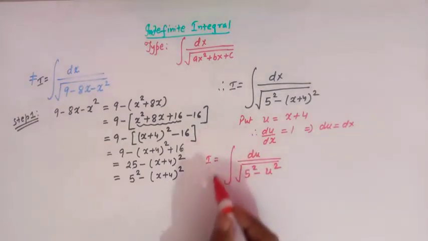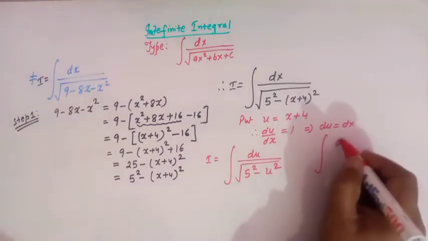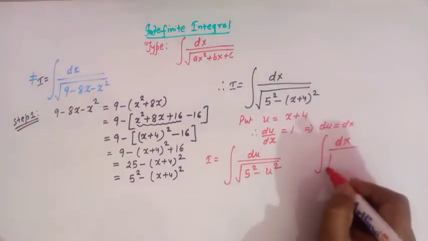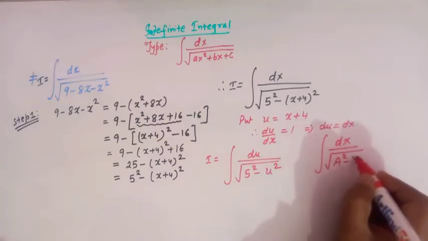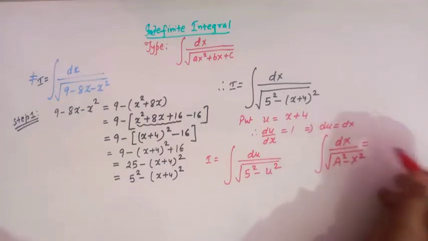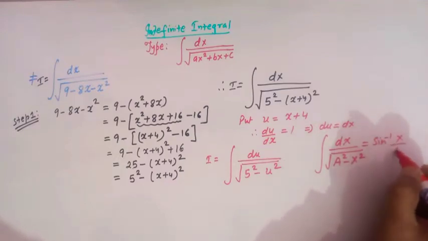Now this form is a standard form. And we know that the integral of 1 over square root of a square minus x square is given by sine inverse x over a.